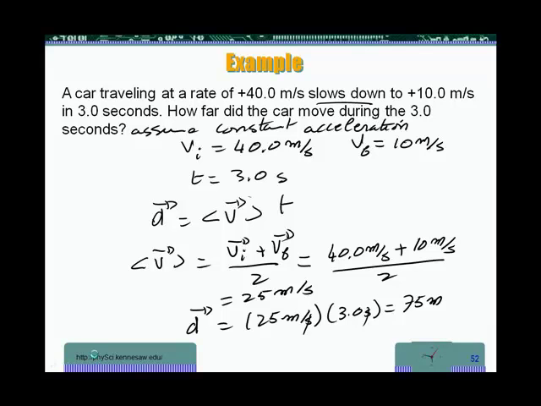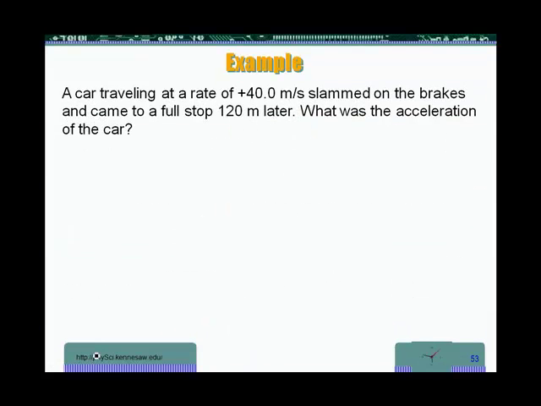Okay, let's go next. So in this case, we have a car traveling at 40 meters per second and slammed on the brakes and came to a full stop 120 meters later. We are asked to find the acceleration. So what are we given here?